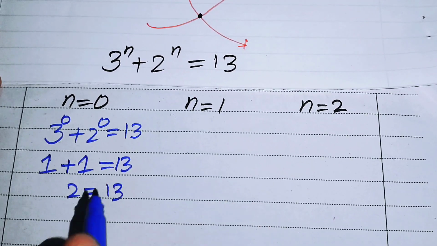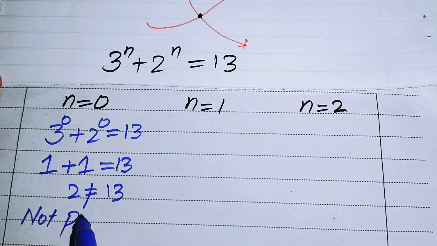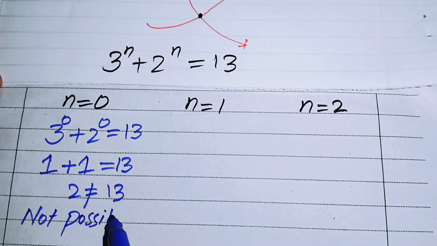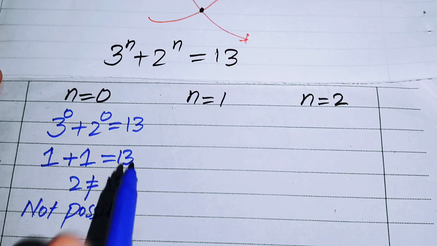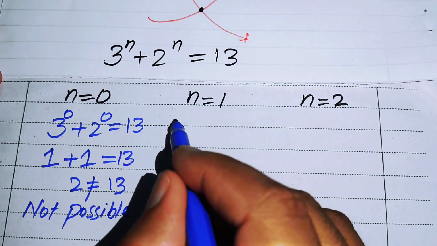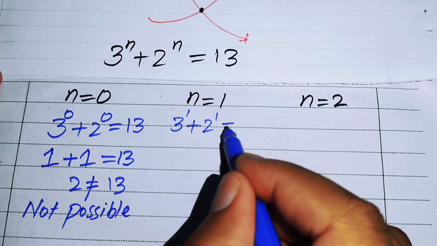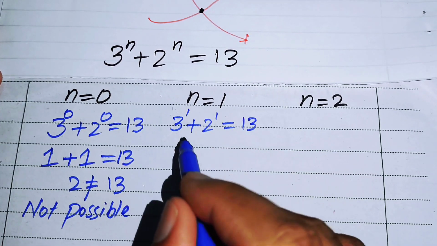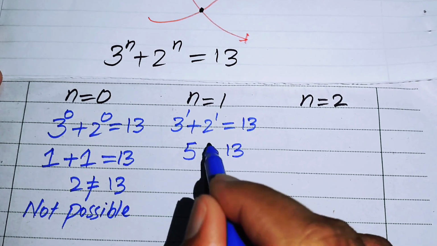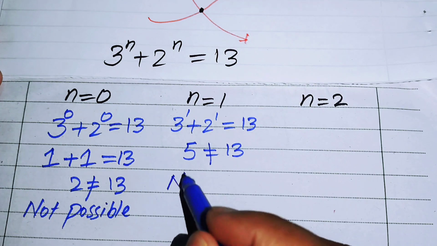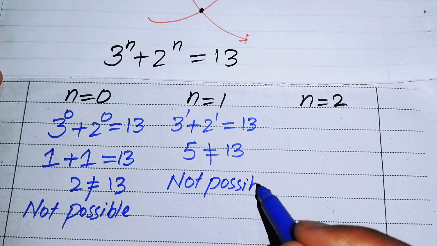So it is not possible, and we reject this case because n is equal to 0 does not satisfy this equation. Now we check n is equal to 1. So you get 3 to the power of 1 plus 2 to the power of 1 is equal to 13, and 3 plus 2 is equal to 5, and 5 is not equal to 13. So again it is not possible, and we reject this case.